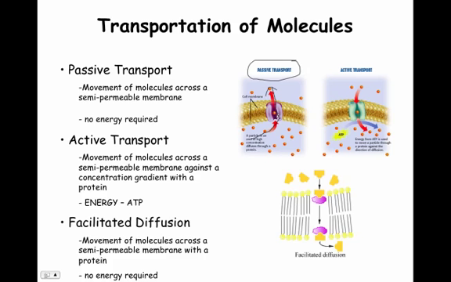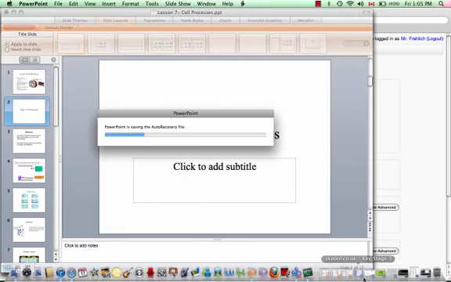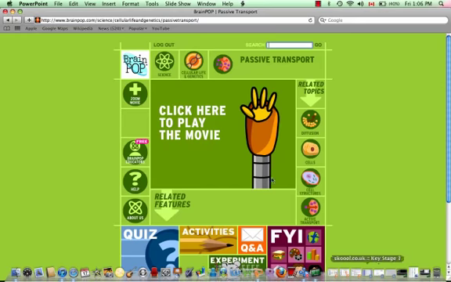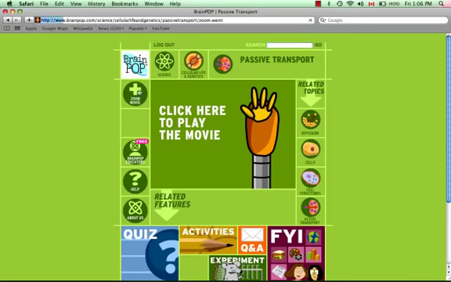Because remember, osmosis is for water. And another process that involves movement of particles is active transport. And particles might, with the help of energy, be actively transported into the cell. Let's look at this video clip on passive transport.